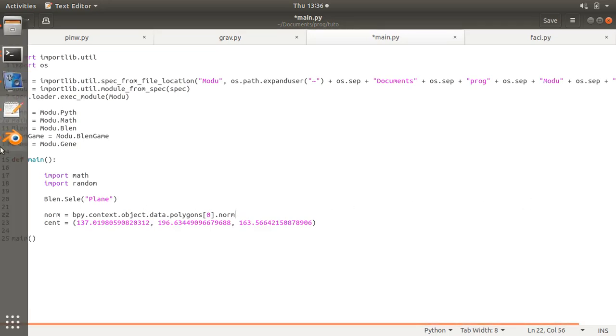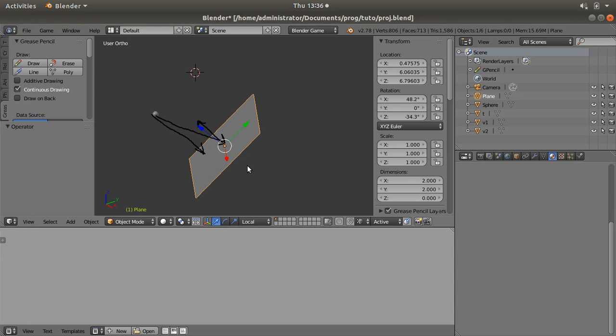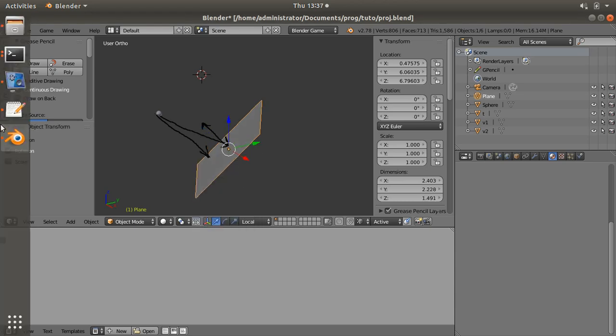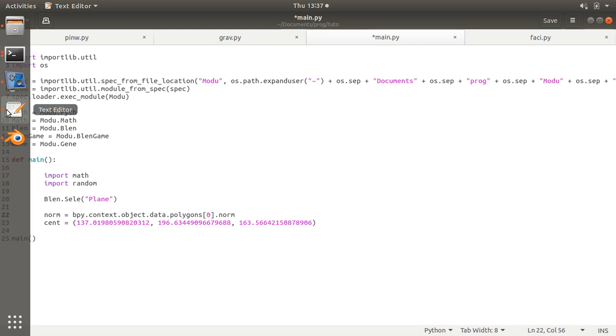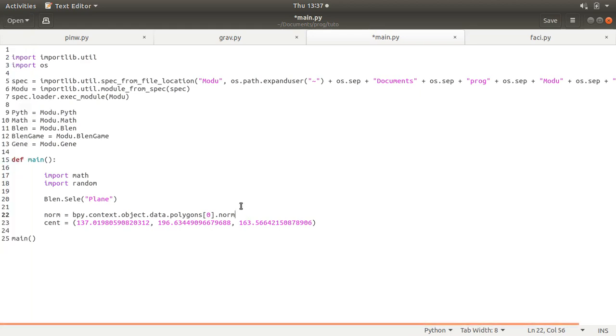I need to make sure I apply the rotation so that I get the normal as a world vector. The center is just equal to the location.